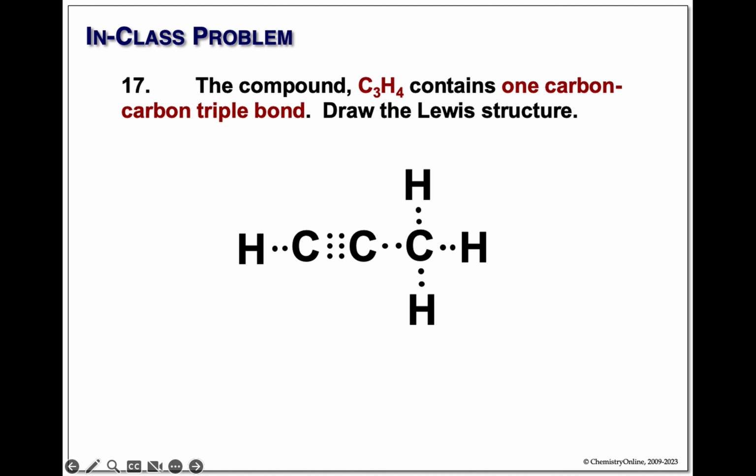This carbon has 8 valence electrons, so does this guy, and so does this guy. Every hydrogen has 2. Convert this to line bond structures, and we have the organic compound propyne.